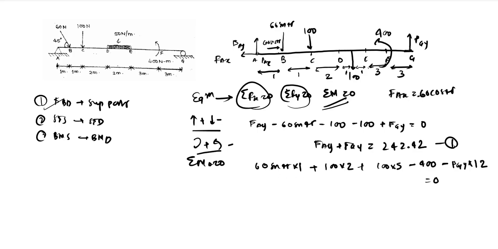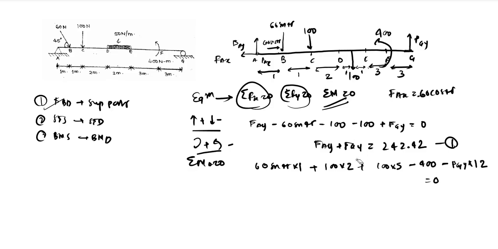You can solve this equation by using your calculator, which will be 60 sine 45 plus 200 plus 500 minus 400, divided by 12, is 28.53.